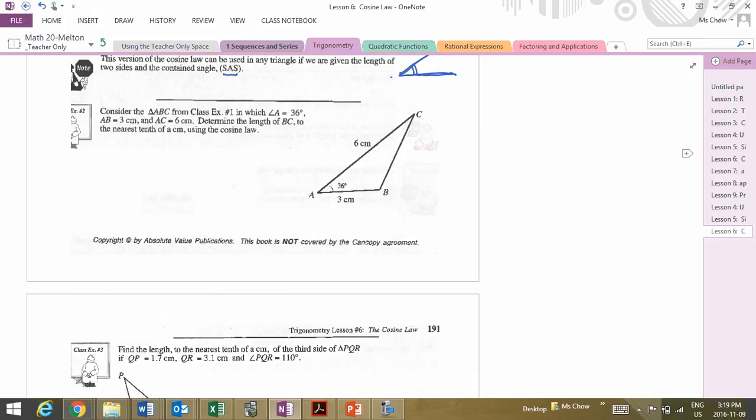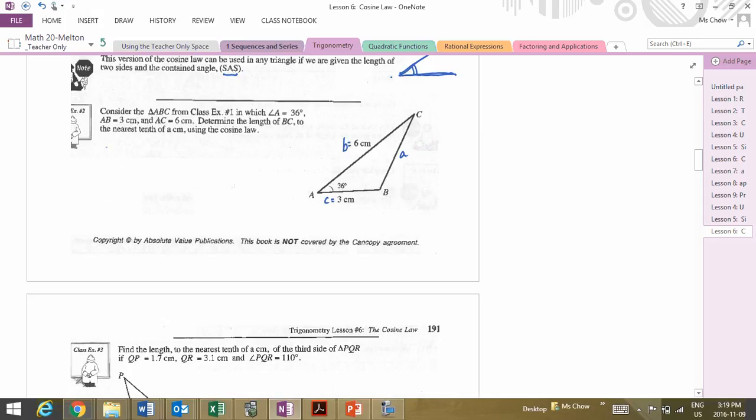Okay, so let's take a look at class example number 2, which happens to be the same as class example number 1 that we had taken all that effort to solve with multiple steps using our basic trig ratios and Pythagorean theorem. So based on this, we're trying to find length BC again, which is also length a. Opposite angle B is length b, and opposite angle C is length c.